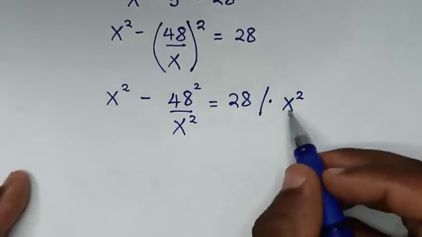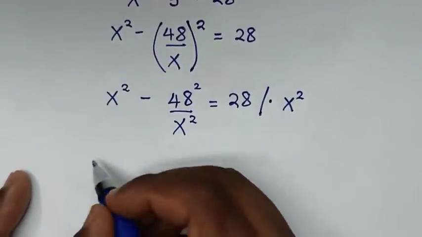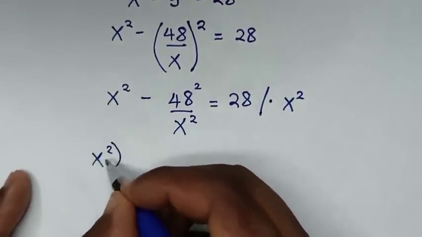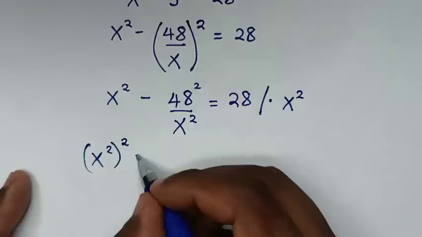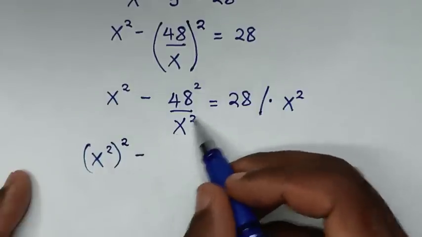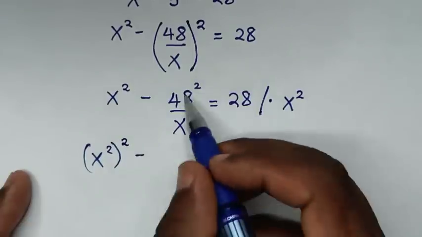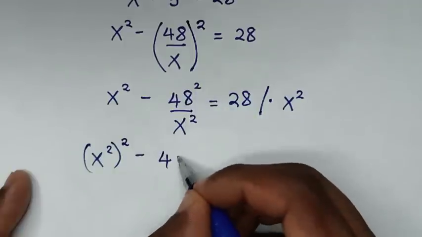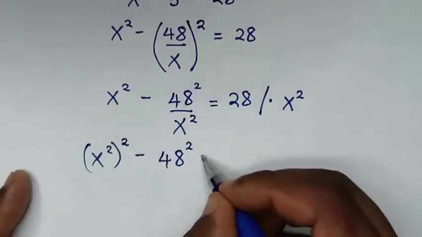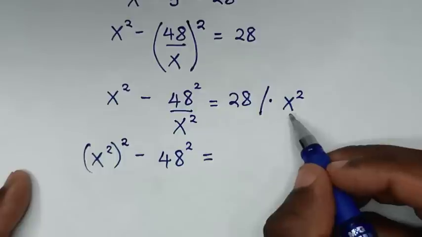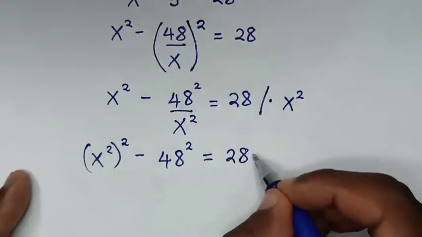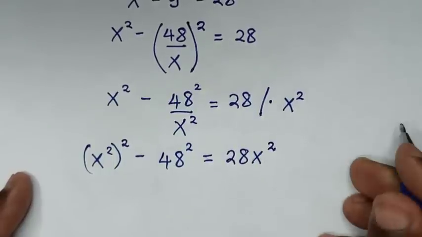So our equation will be x squared times x squared, then minus this x squared will cancel this x squared, so it will be 48 squared, is equal to 28 times x squared, it will be 28x squared.